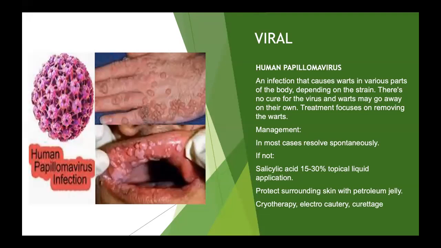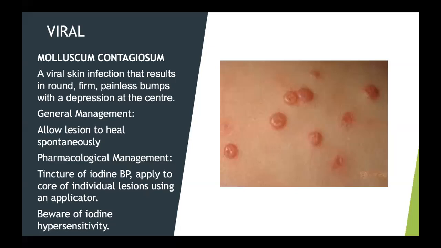What you should know is that when you use this, you should protect the surrounding skin. We normally use petroleum jelly so that it doesn't burn the whole skin. If this doesn't work, we use cryotherapy, electrocautery, and curettage.